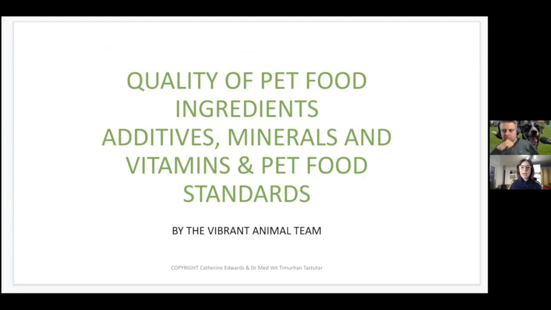So as Timo and I are saying, a lot of the time, some of the raw frozen ones might have some things we're not overly keen on, but feeding them as part of your pet's diet could be appropriate. But to feed them as a complete diet, as if that's all they're getting, could cause problems.